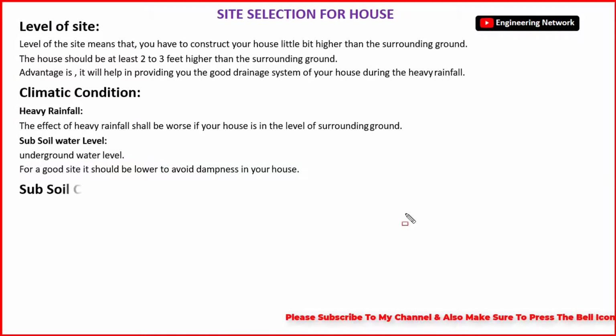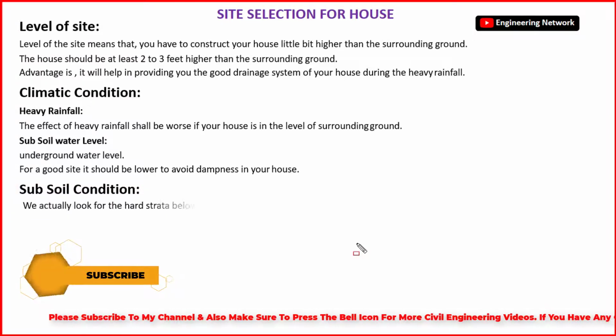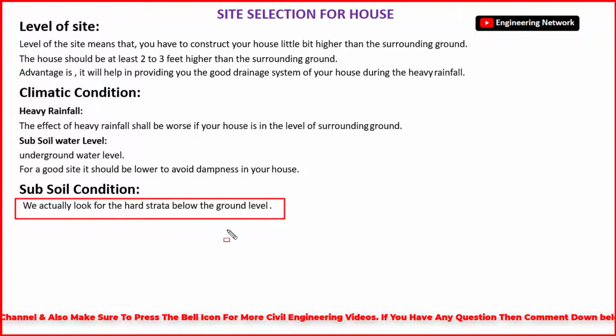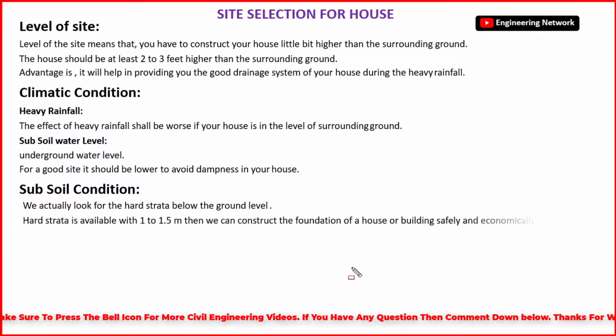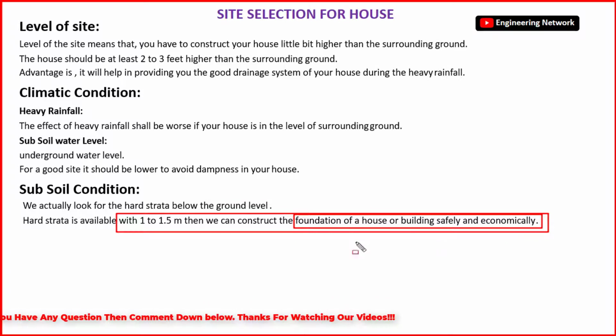Next factor is the subsoil condition. In subsoil, we actually look for the hard strata below the ground level. If the hard strata is available within 1 to 1.5 meter, then we can construct the foundation of a house or building safely and economically.